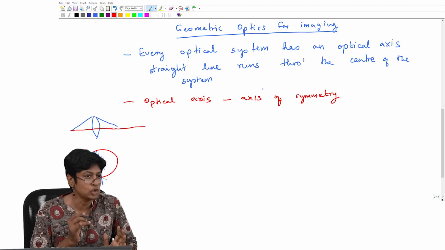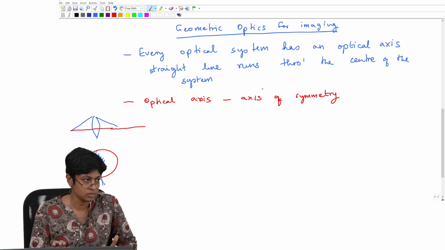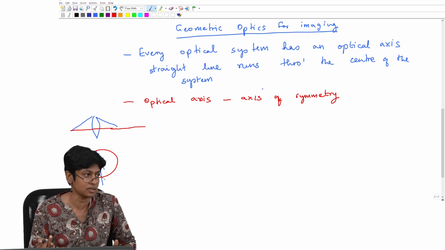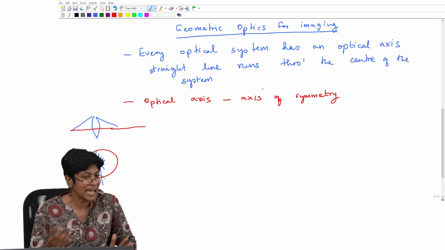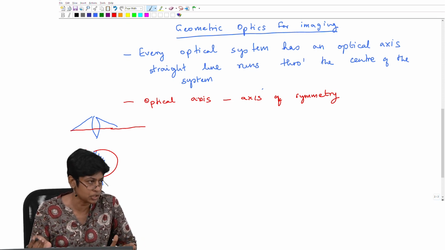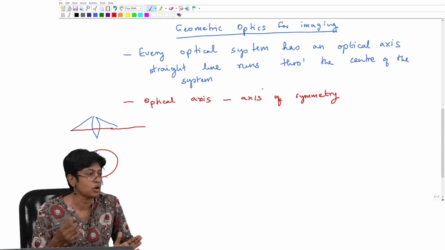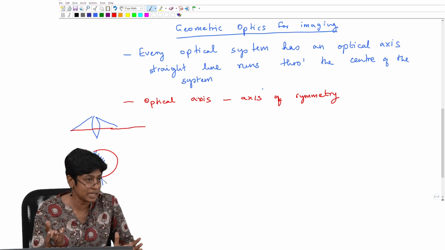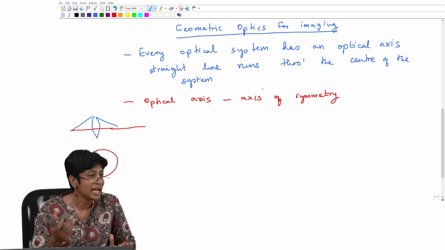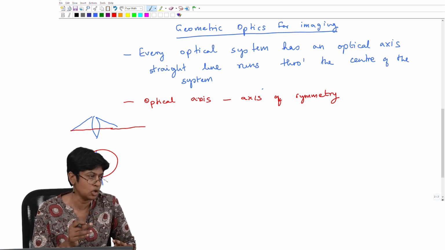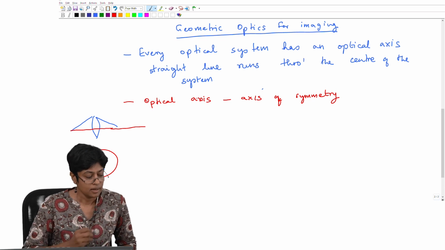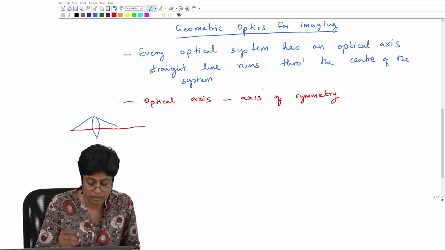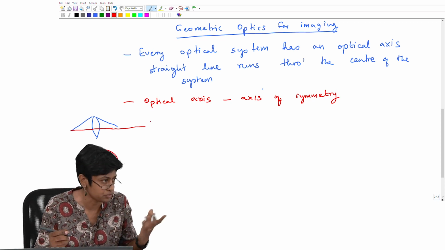I can have non-circular lenses. I can have cylindrical lenses, for example. I can have optics that is not circular in nature, but a lot of our optics is circular in nature. Take microscopes, cameras, the lenses will be circular in nature, and therefore more often than not the optical axis is also going to be the axis of symmetry. Okay. You can even think of it as the axis of rotation, if you will.